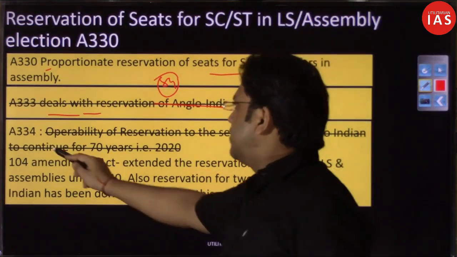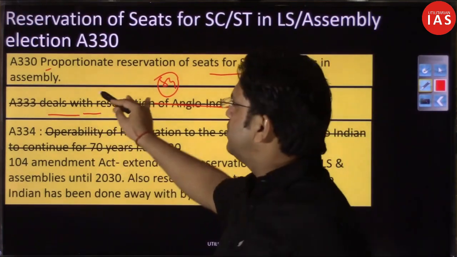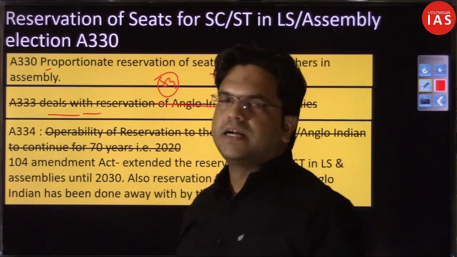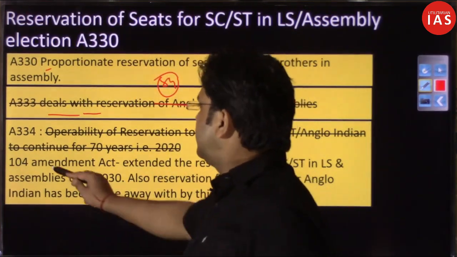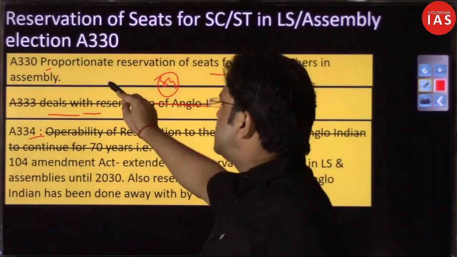Then what is Article 334? See, the difference between Article 330 and Article 334 is that Article 330 talks about the provision of reservation, and Article 334 talks about how long that reservation will last.